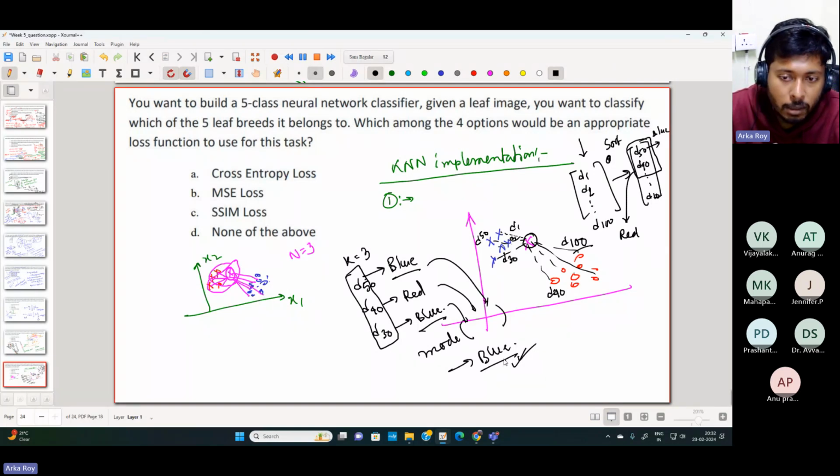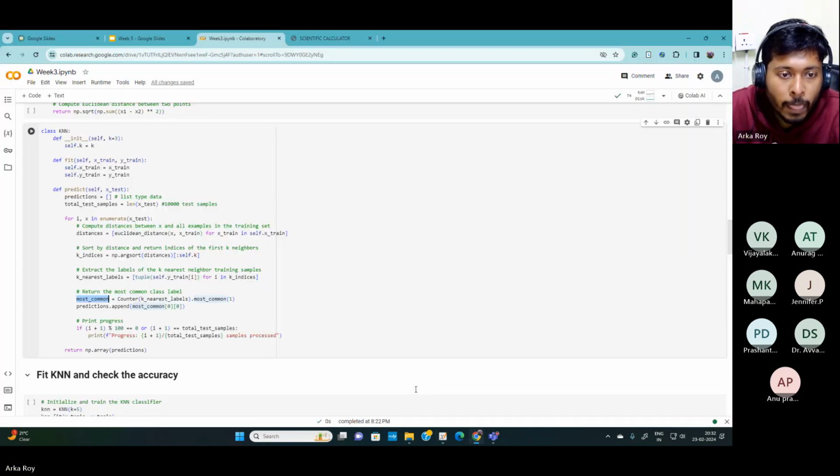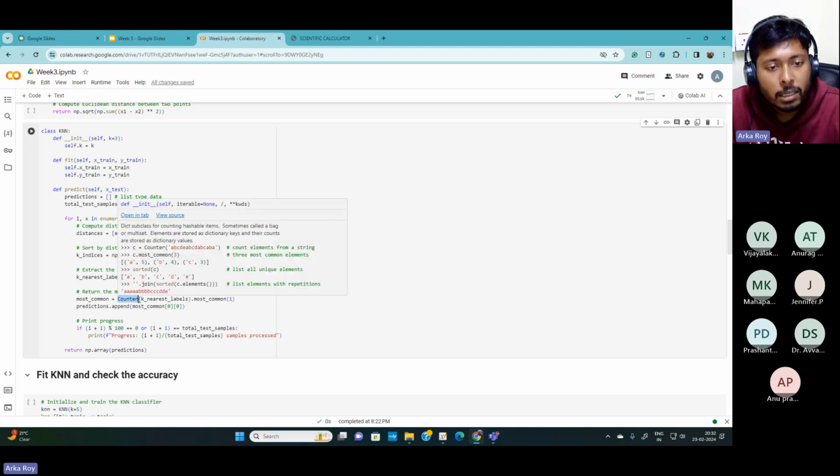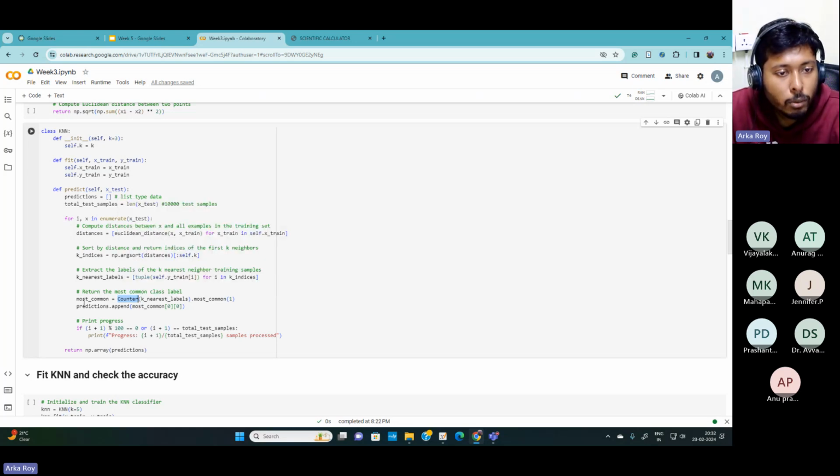So that is why we are classifying the data as belonging to blue class. Over here, you have taken the counter operation. So you count which of the classes is coming more frequently, and then you consider this most common as the prediction. And after doing all these things, let's say, this basically takes time to train.